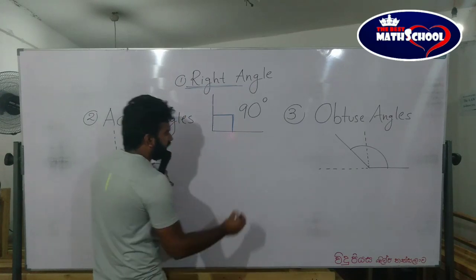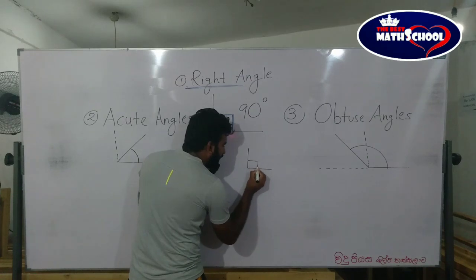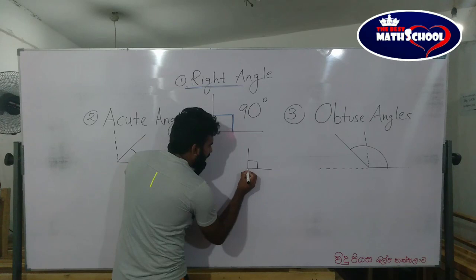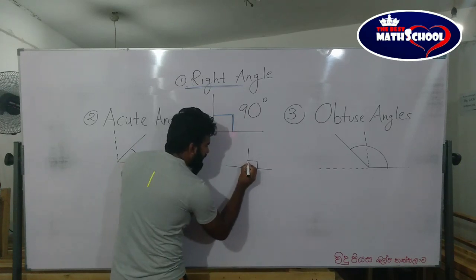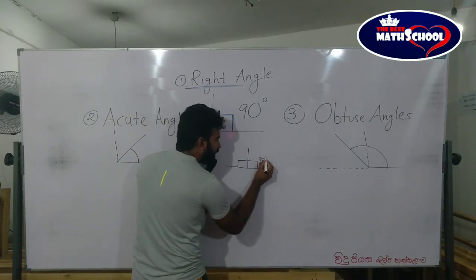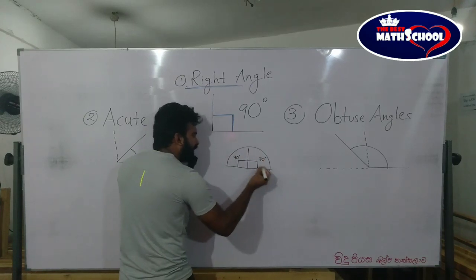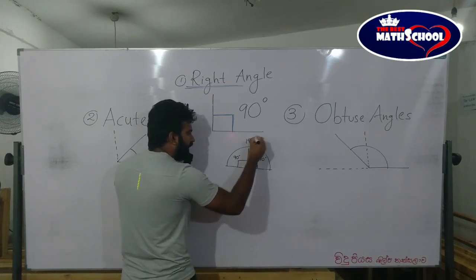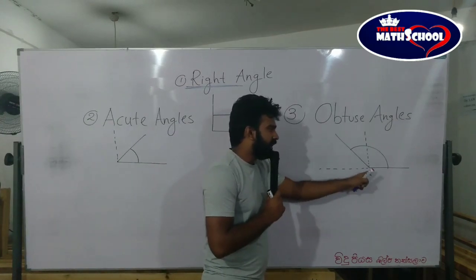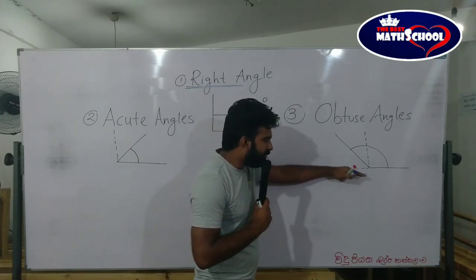Now see, if I take 2 right angles, this will be 1 right angle, this will be 1 right angle, and if I take another right angle like this, here it will be 90 and here it will be 90. So the whole angle will be 180. In obtuse angles, we can't go more than 180. You can't exceed the limit of this.